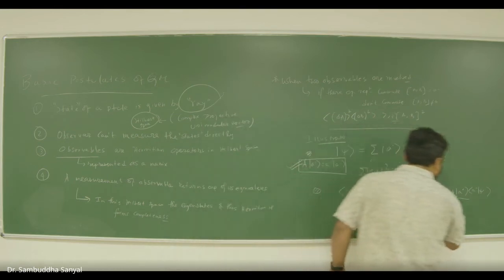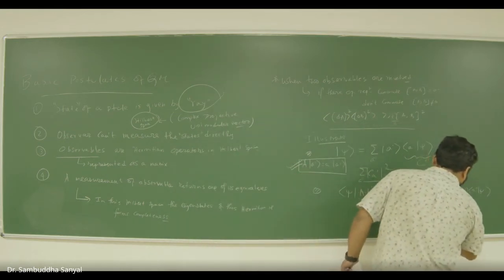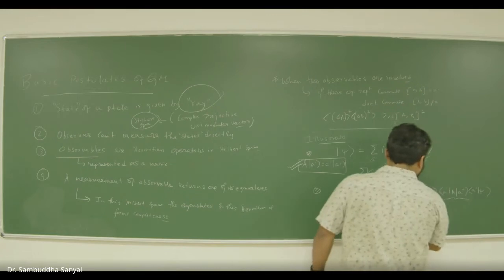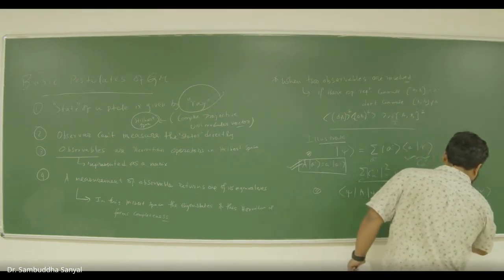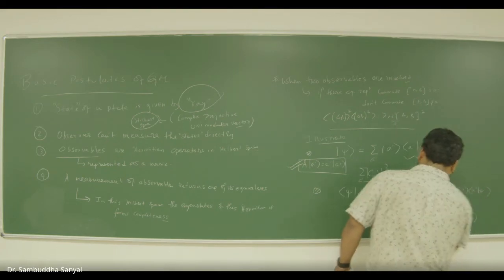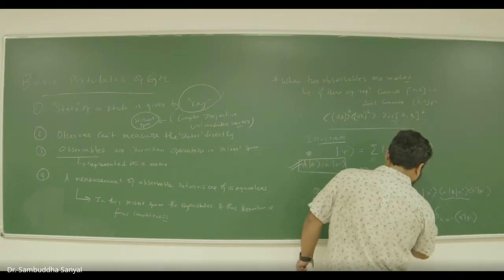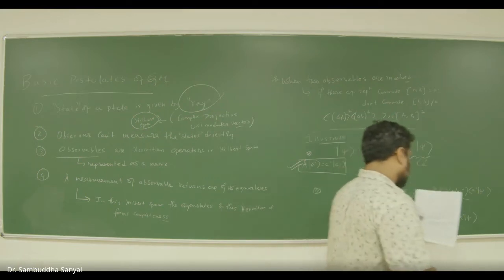So this is nothing but delta_{a'a''}, and this is <psi|a'><a''|psi>, which you can just write as that.